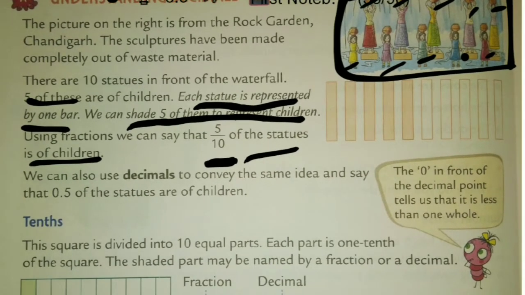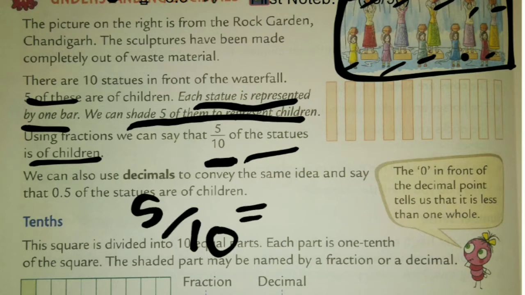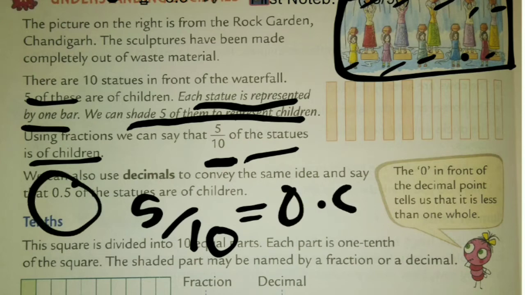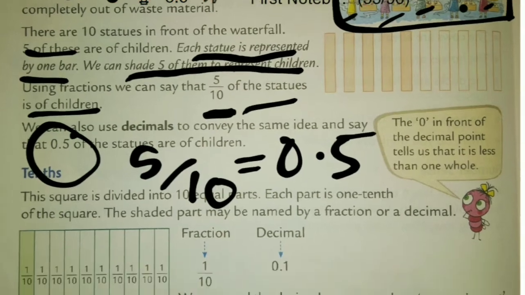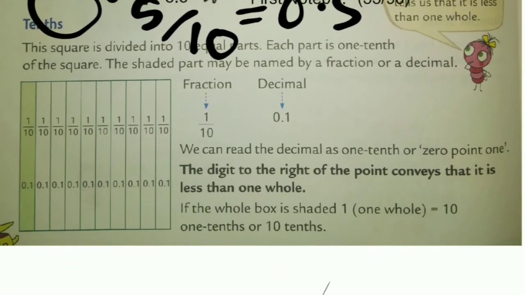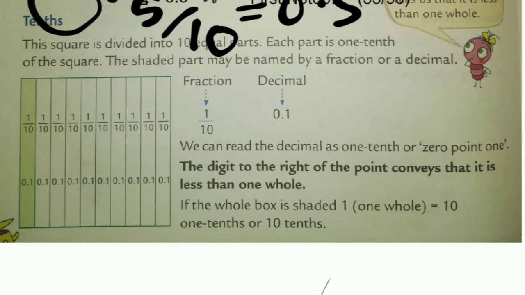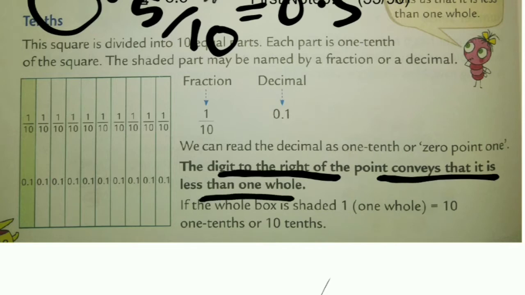Now the same 5 upon 10 we will write in decimal form. So the decimal form we will write like this, 0.5. How will this come? We can do it as division also. And here, the digit to the right of the point conveys that it is less than one whole.